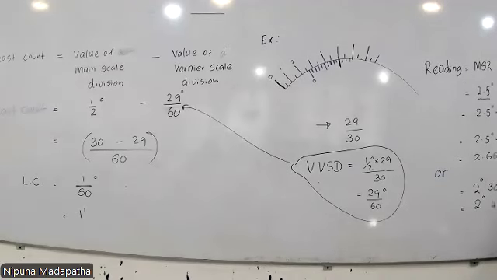Roughly understand? No need to draw this. Draw scale. Roughly understand? If you have finished this, you can go to question number 30, page number 12.